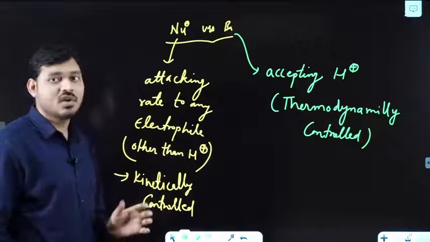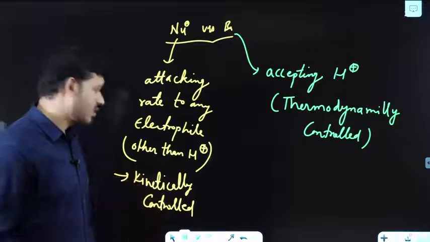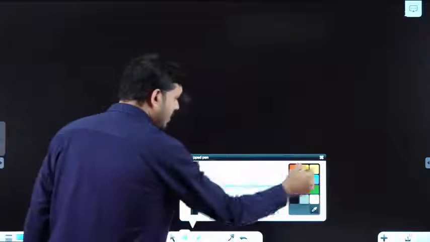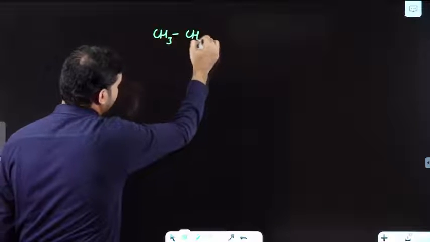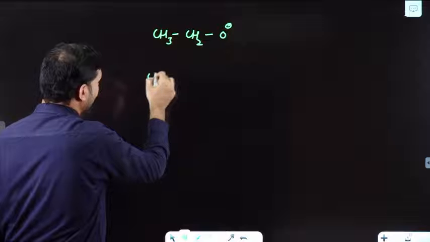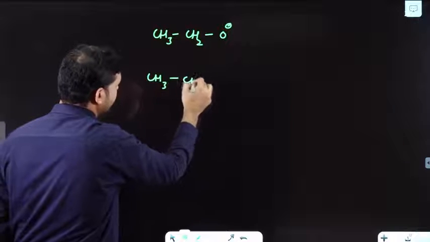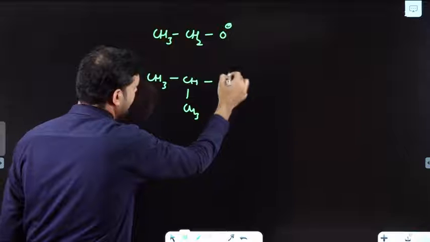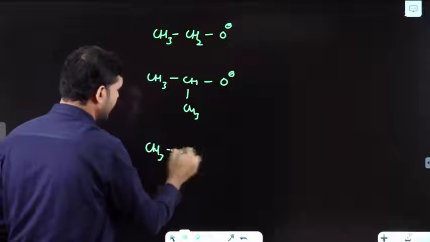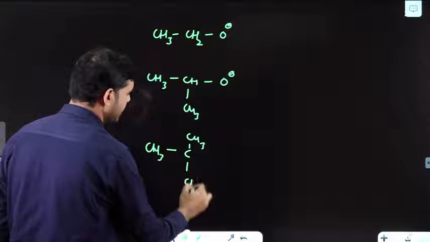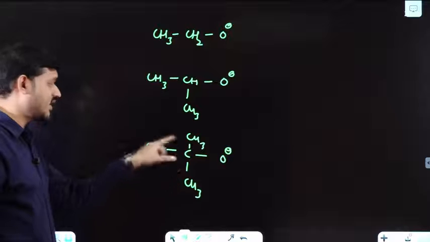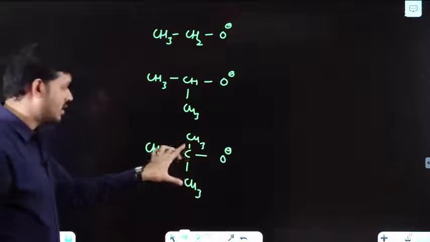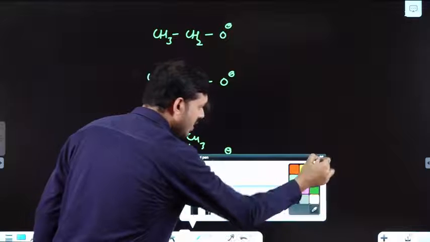So now let us understand what can disturb nucleophilicity. I'm giving one example: CH3CH2O minus, CH3CHCH3O minus, and CH3 CH3 CH3 CO minus. Dear students, understand this is one of the very important species which you have to recall every time.